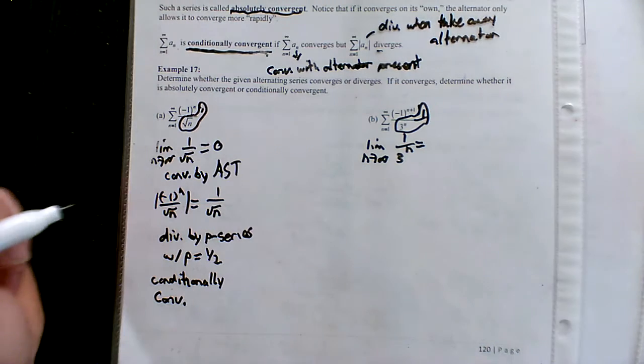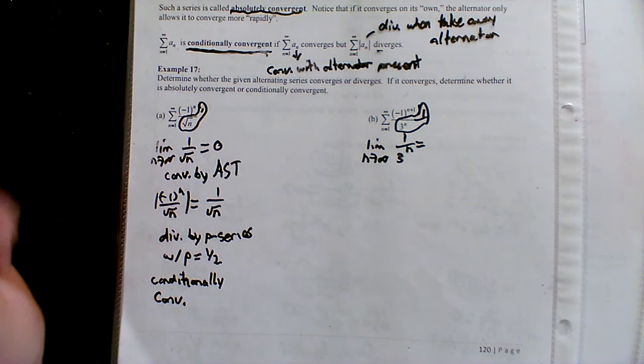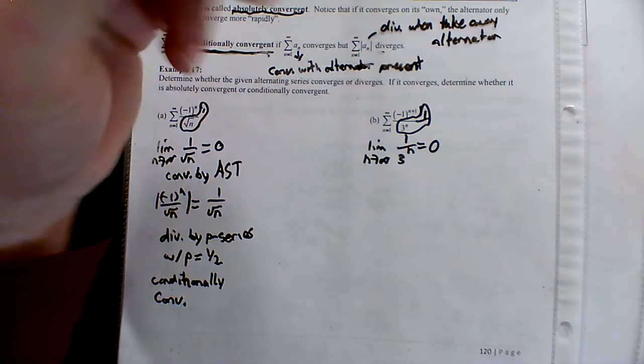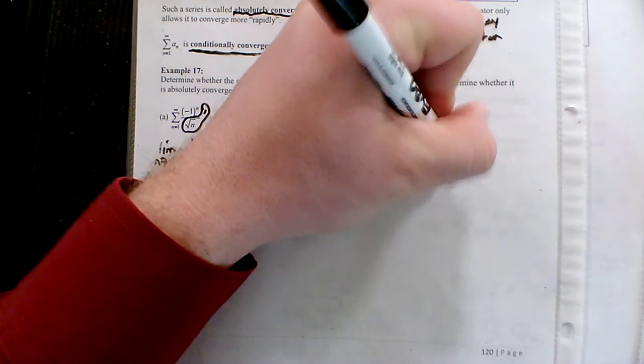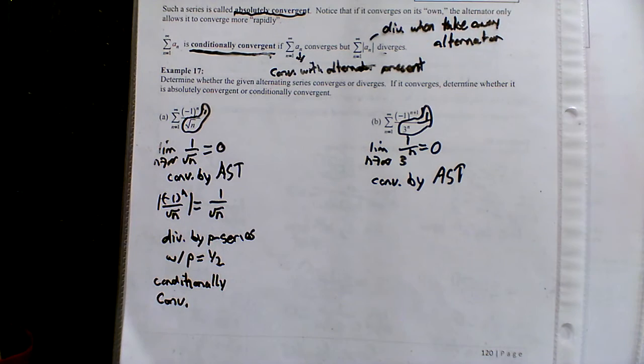So take the limit. Limit goes to 0. So it converges by what? Okay, by the alternating series test. Yes, that's what we used.